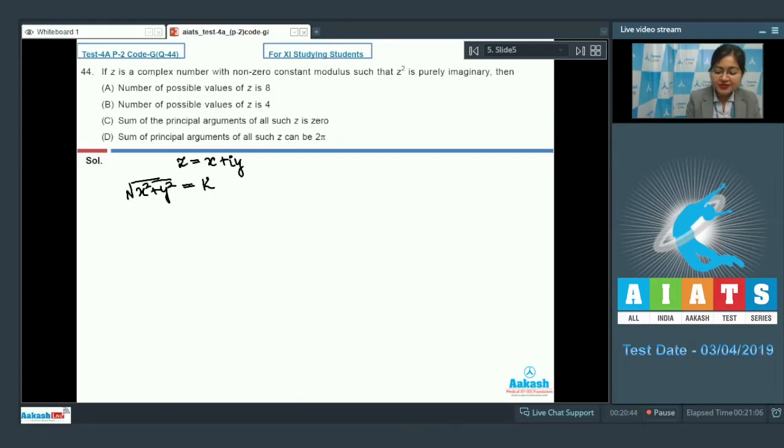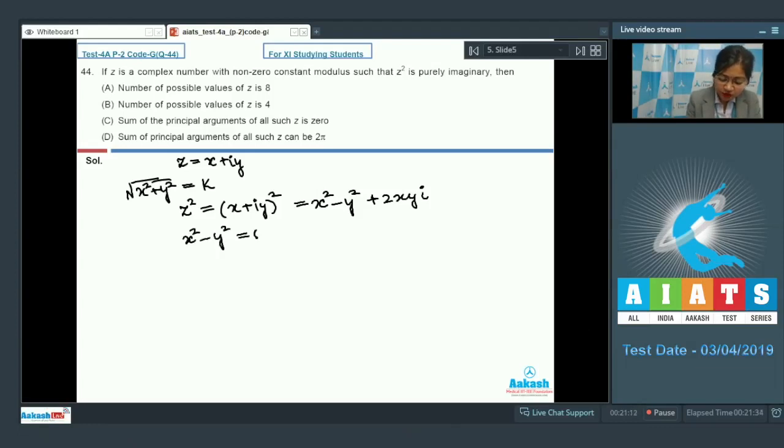Also, it has been given that z square is purely imaginary. So, let us find z square. That will be equal to x plus iota y whole square, that is equal to x square minus y square plus 2xy into iota. As it is a purely imaginary number, its real part will be 0. That is x square minus y square will be equal to 0, that is x square is equal to y square.